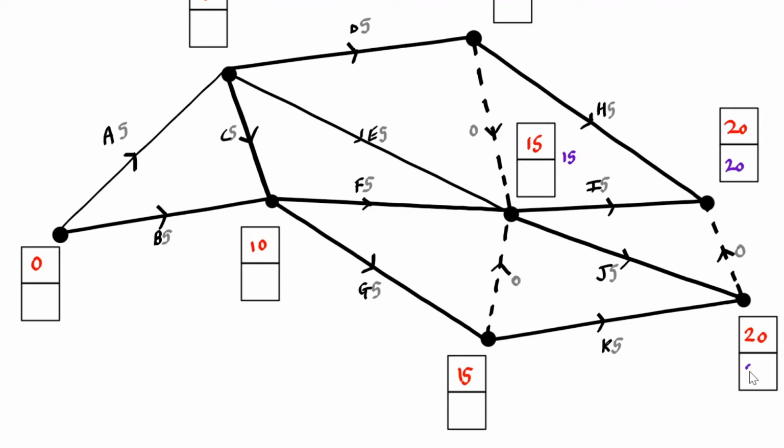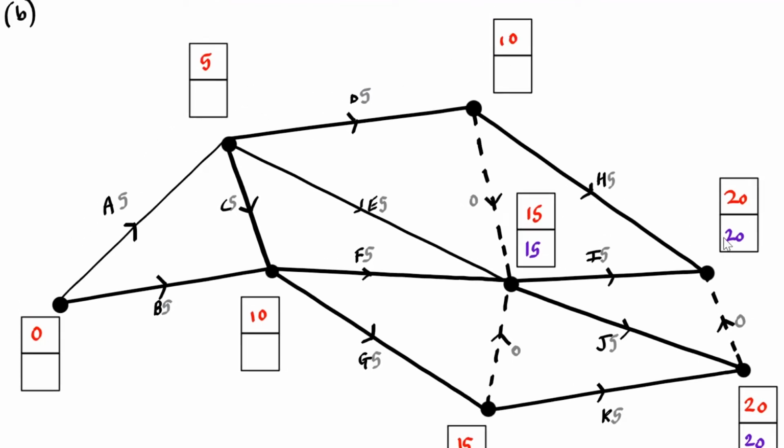Okay. 20 take away 5, you'd find that to be 15. And then the 15 goes inside here. Okay. 15 take away 0, that's 15. So we have 15 compared with 15. 15 obviously goes in. And let's see what else we can do. Going back over here. 20 take away 5, that's 15.